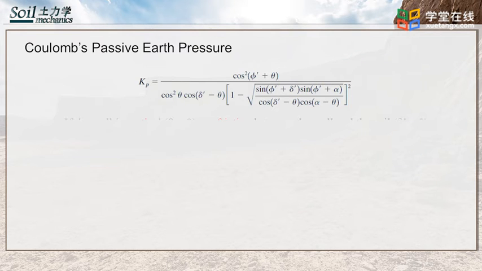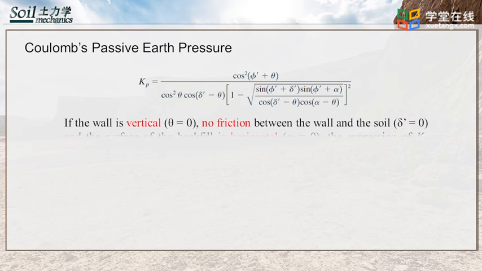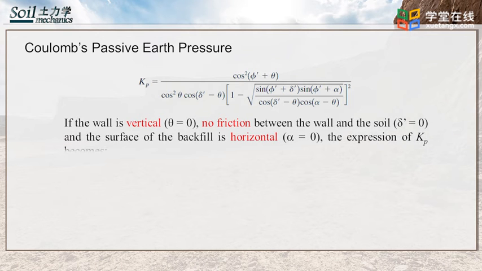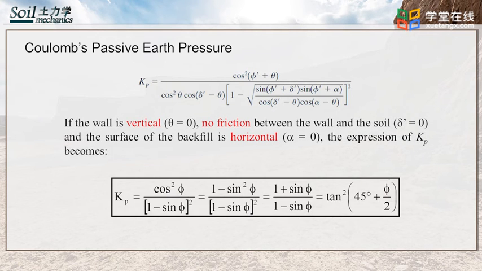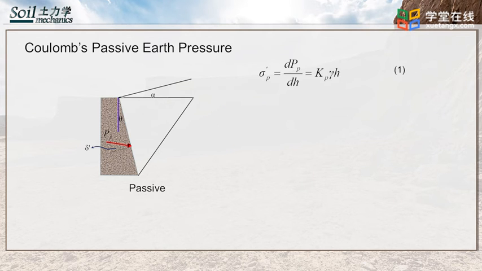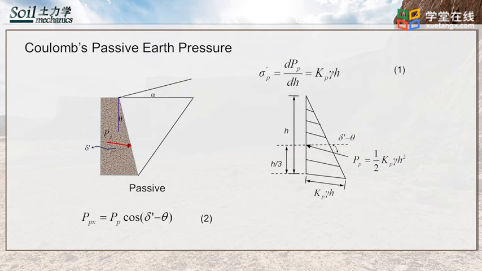Now, let's consider a special case where the wall is vertical, there is no friction between the wall and the soil, and the surface of the backfill is horizontal. Coulomb's passive earth pressure coefficient becomes equal to Rankine's earth pressure coefficient. After we have got Coulomb's passive earth force, we can use equation 1 to obtain Coulomb's passive earth pressure.